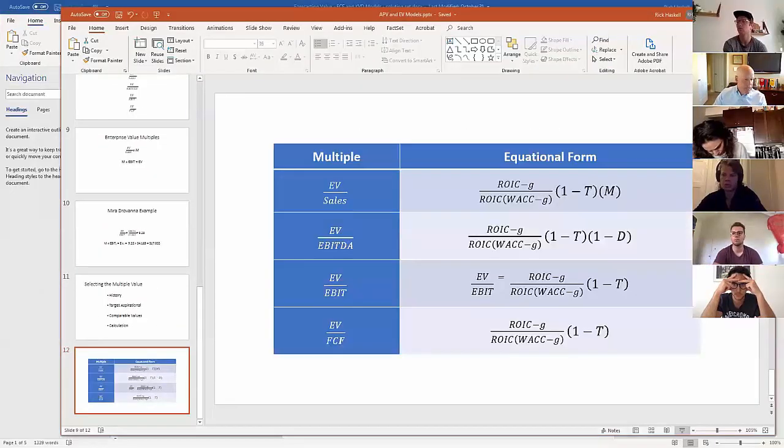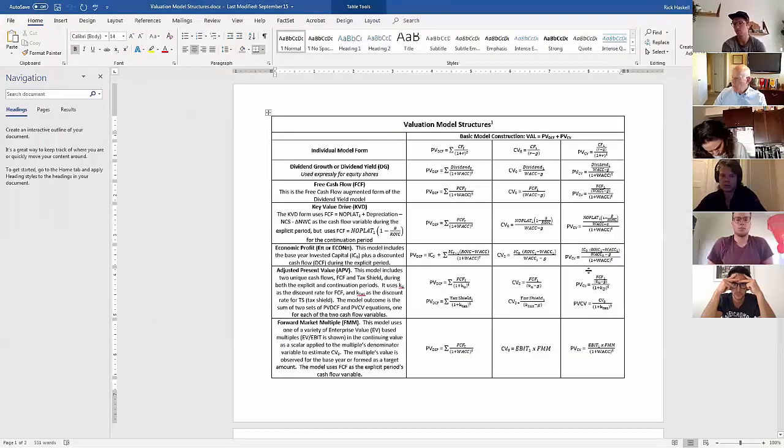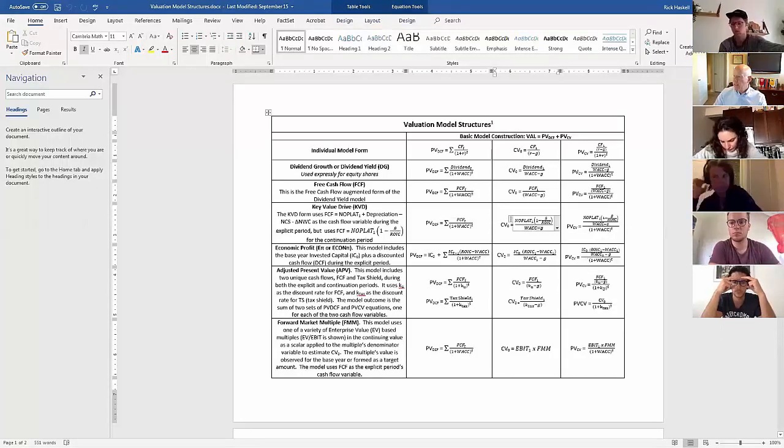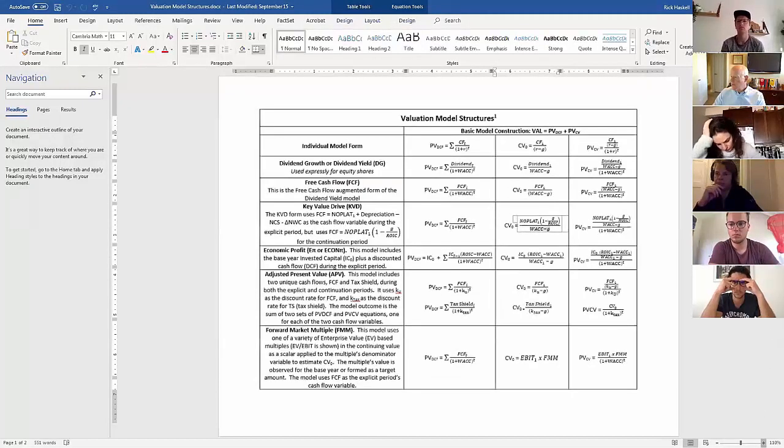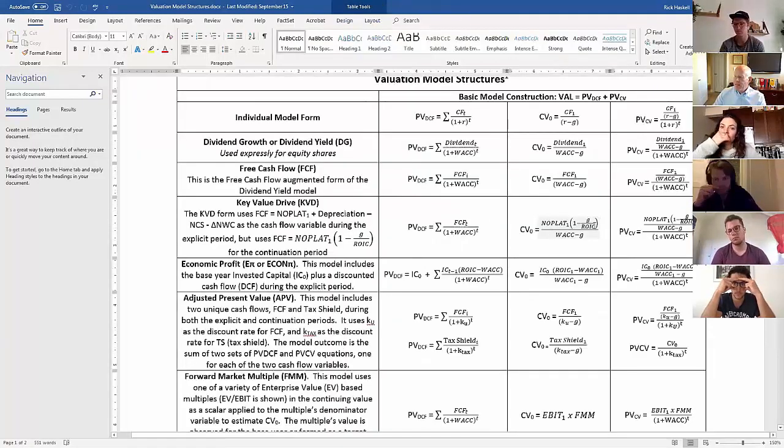I sent it to you today. It's in the valuation model structures, and we can go down and look at continuing value using the KVD structure. And I'm going to suggest to you that if we took and divided this equation on the right-hand side by EBIT, what it leaves us is that equation I just showed you.